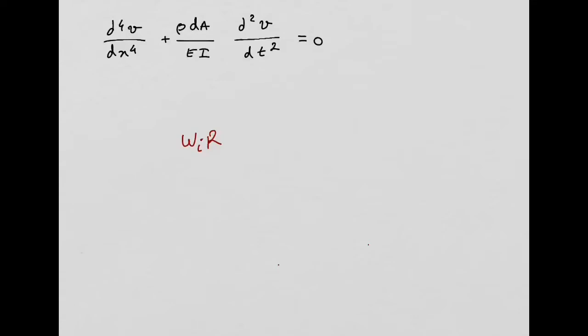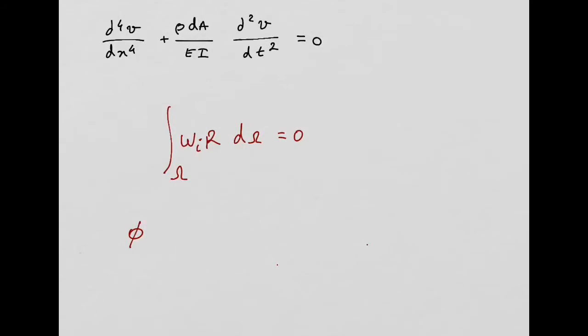Then we did an integral in the domain, so we added these weighted residuals all over the domain of our beam. And we imposed that this weighted residual equals 0. Then we solved this equation for the unknowns which were obtained from our approximation function.